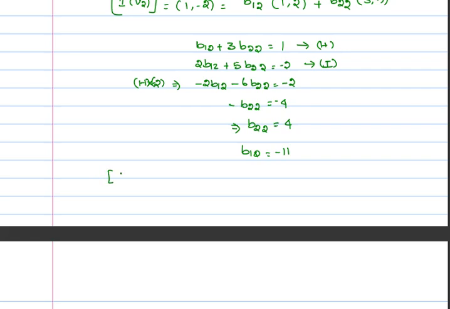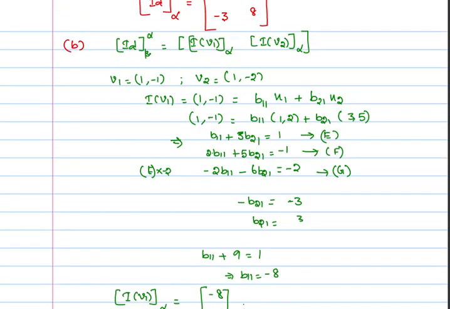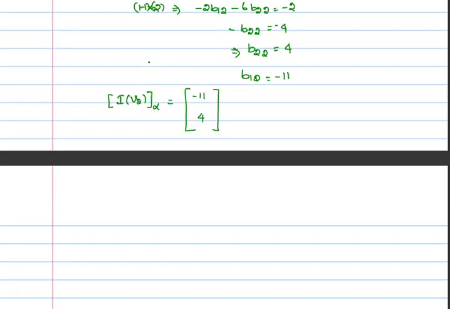So now you take I of V2 alpha. It is nothing but you will get minus 11 and 4. So I require the matrix representation of beta 2 alpha equal to I of V1 alpha.